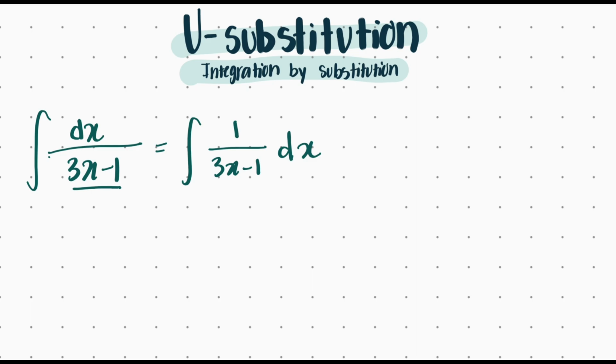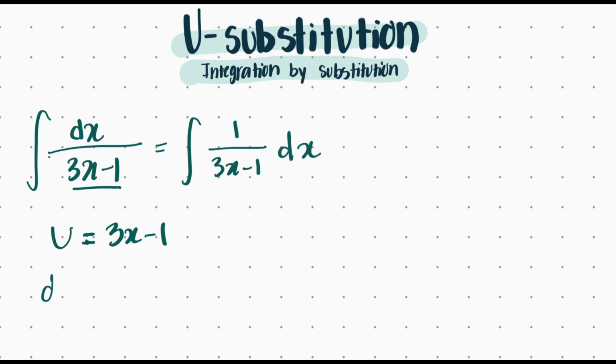So step 1, we always have to find our u. You can experiment with the values of u, but as you do more and more problems, you get a sense of what the correct value of u should be. So let's say that u is equal to 3x minus 1.